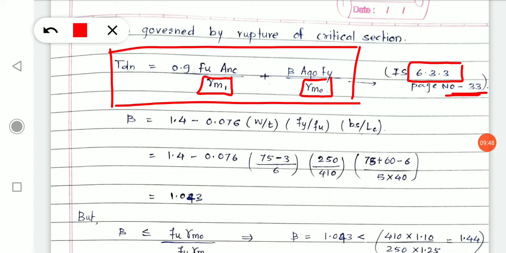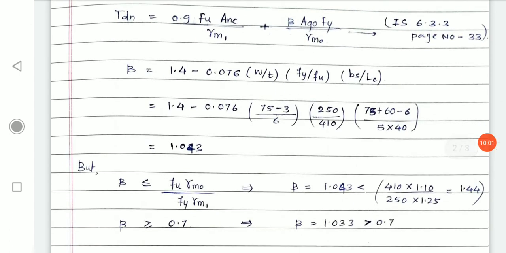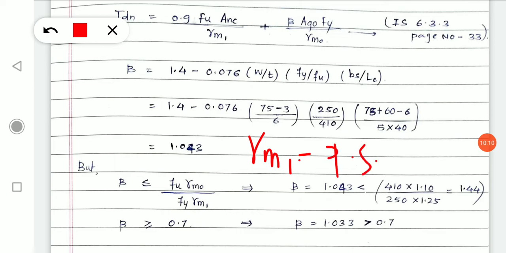Gamma M1 is a partial safety factor for failure at ultimate stress.